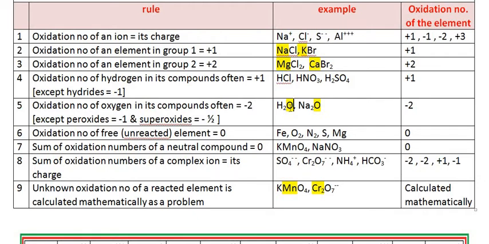For example, here the oxidation number of oxygen is minus 2, while hydrogen is plus 1, and the sodium is plus 1. So O is minus 2, and the total is 0.